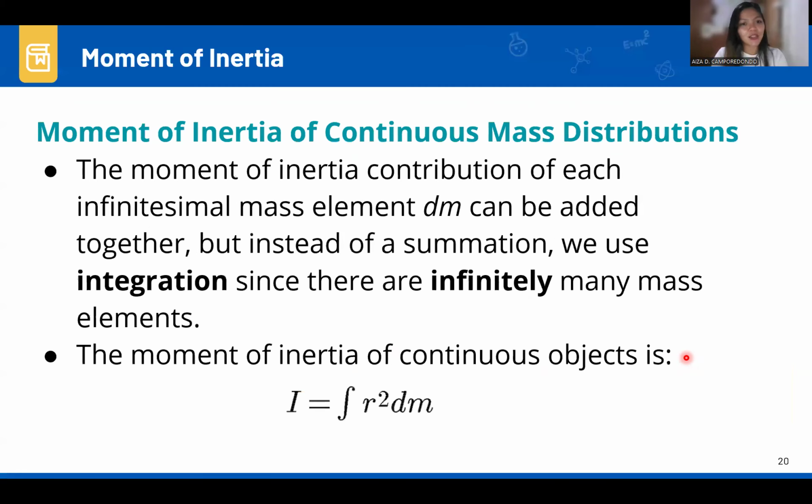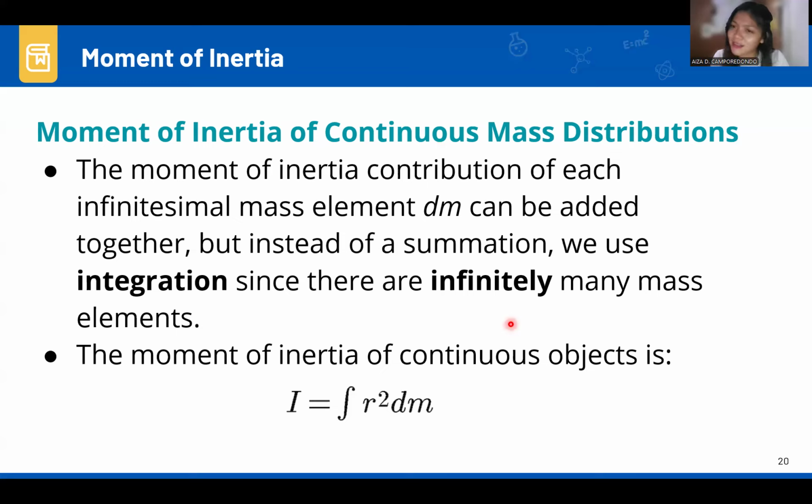Okay. So let's proceed to the moment of inertia of continuous mass distribution. In this case, the moment of inertia contribution of each infinitesimal mass element, or dm, can be added together. But instead of using summation, we're going to use integration, since there are infinitely many mass elements right here.